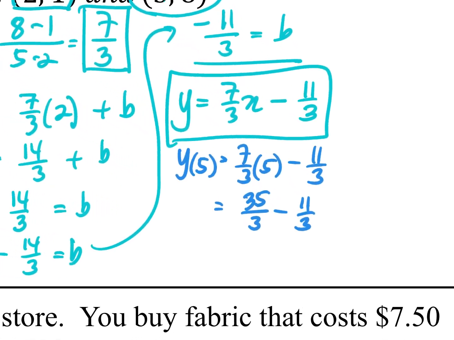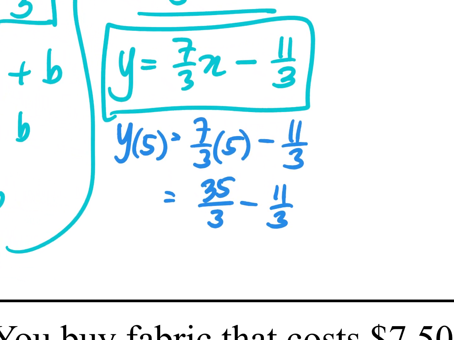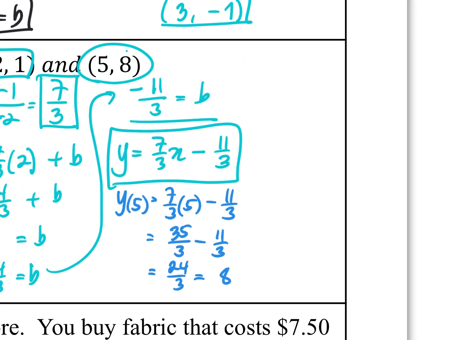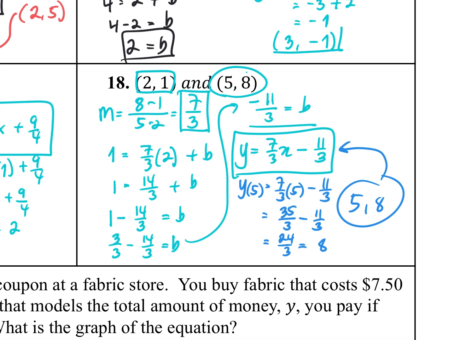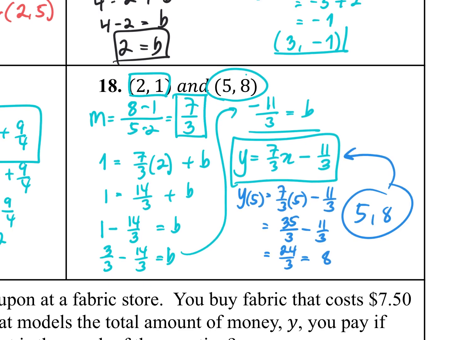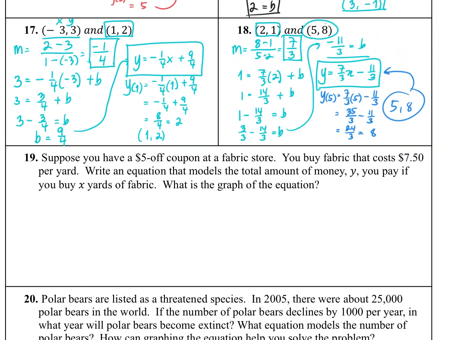They have the same denominator, so just subtract. 35 minus 11 is going to give you 24. 24 over 3, and 24 divided by 3 is what? It's going to give you 8. Therefore, we have these coordinates 5 and 8. So it means that our equation is correct.